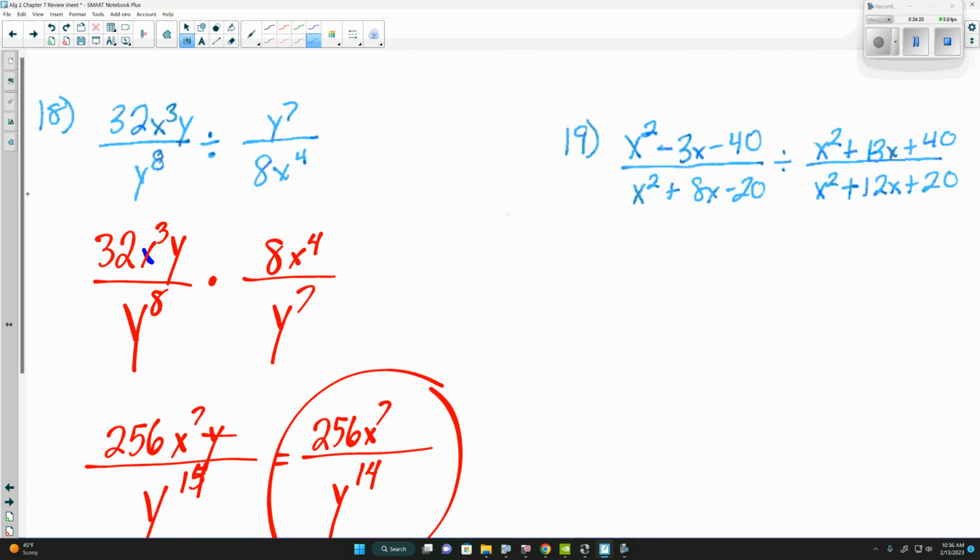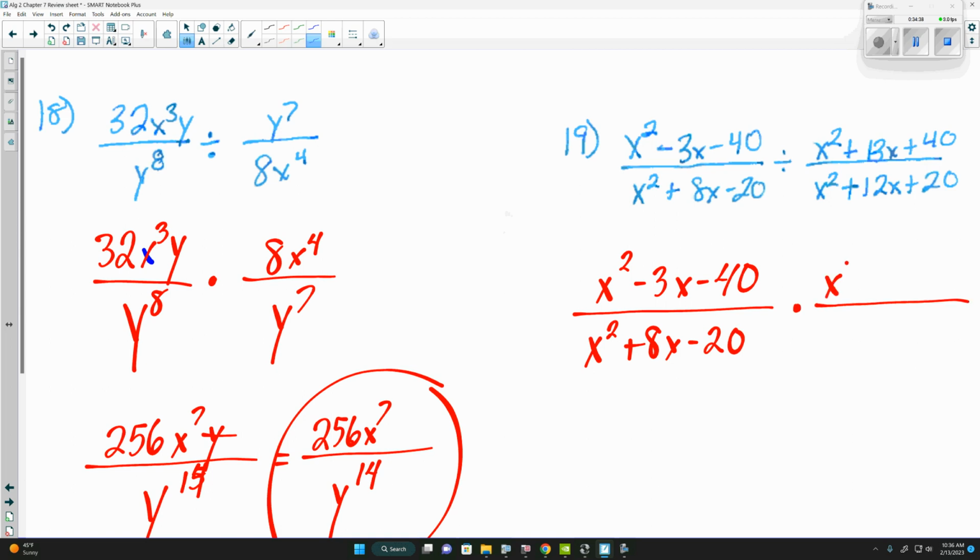Now, if we look at the next one here, 19, we do have some factoring to take place. But before we do that, we're going to keep the first one the same. Change it from division to multiplication and flip the second term.